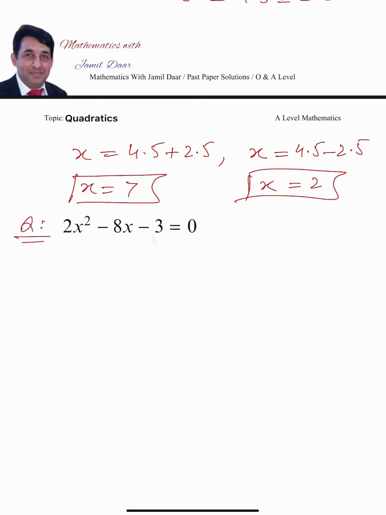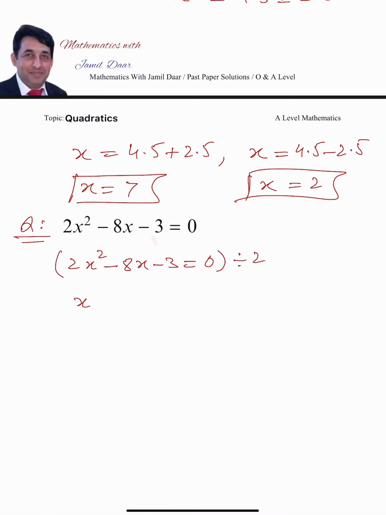Now we have to solve this by using the completed square form and leaving the answer in surd form. So first of all, we'll divide the whole equation by 2 to remove 2, because 2 is not a perfect square and we cannot change it into square form. So we'll divide it by 2.